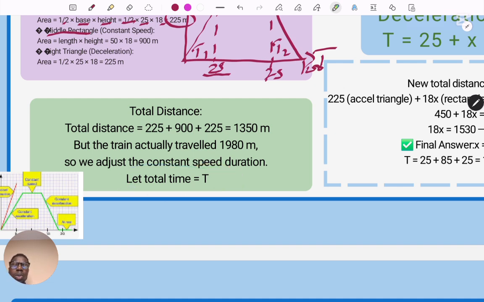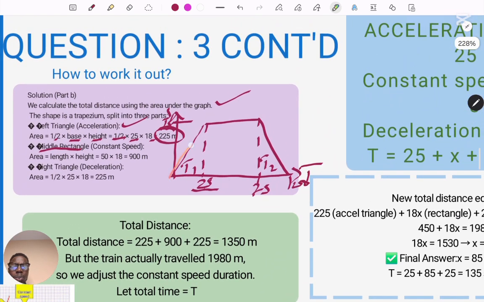What we need to do now is to adjust the total time duration for the constant speed, because we know that the deceleration and the acceleration are constant. This part takes 25 seconds, and the deceleration also takes 25 seconds, coming down.